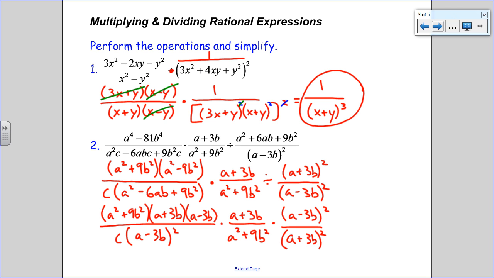Finally, let's simplify, removing all common factors. Note that there are 2 factors of a plus 3 in both the numerator and the denominator. And there are 2 factors of a minus 3b in both the numerator and denominator. So our final answer is the quantity a minus 3b over c.